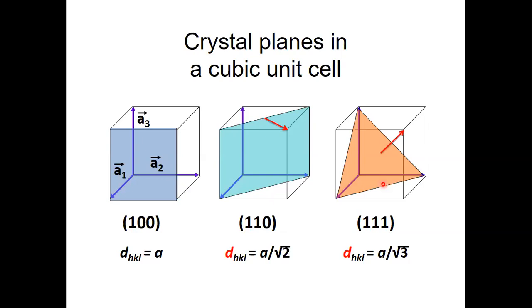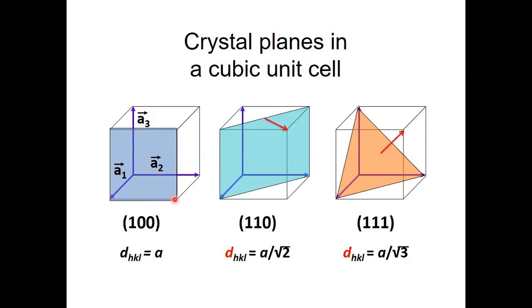Okay, because the angle under which we observe a diffraction is associated with an interplanar distance, which is now associated with the lattice parameter. So let us look at a few examples here.